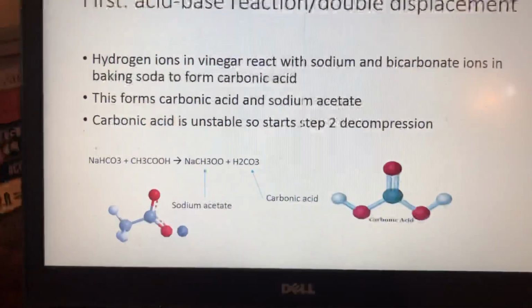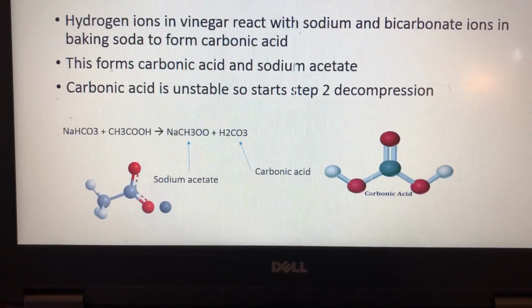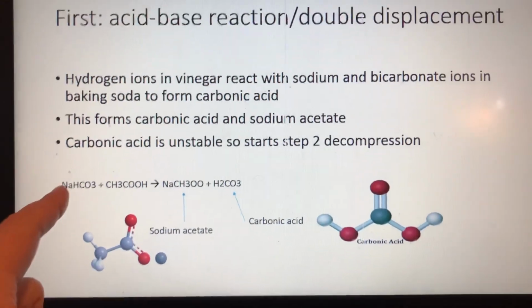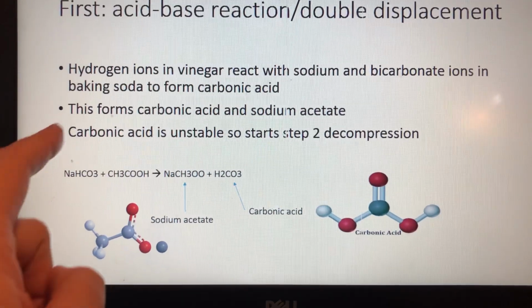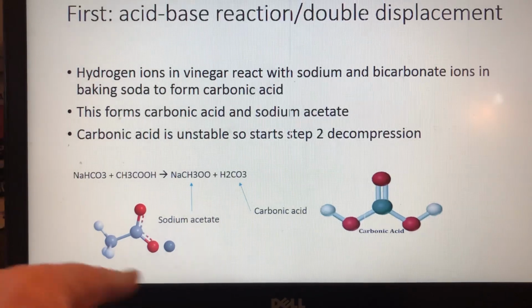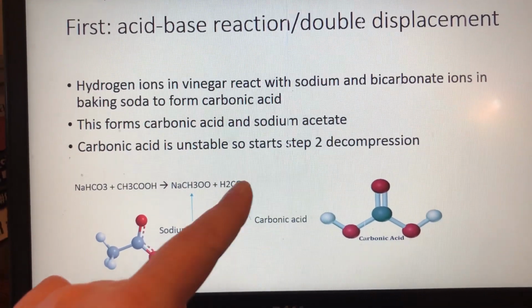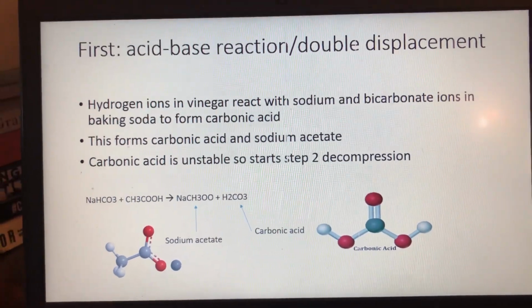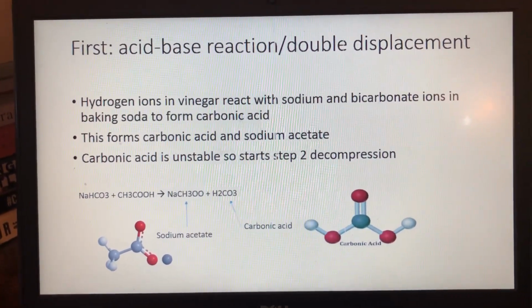So if we take a look at our equation down here, we see exactly what we just talked about, where our baking soda and vinegar formed our sodium acetate, which is represented here, and our carbonic acid represented here. So like I said, this is the first step.